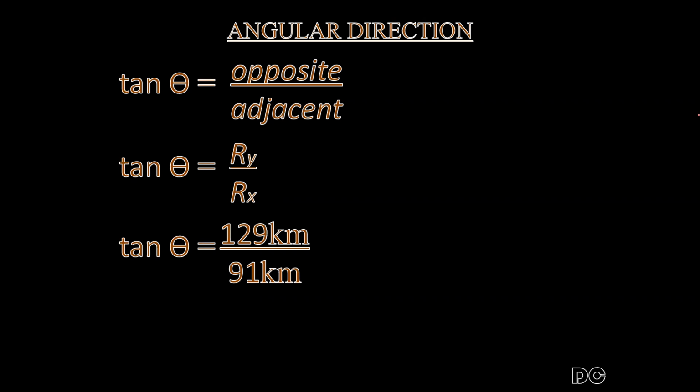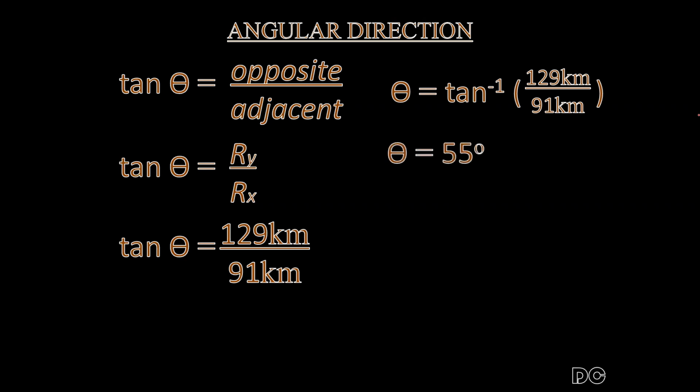We have 129 kilometers, which is the r sub y, and 91 kilometers, which is the r sub x. So theta is equal to arctan of 129 kilometers divided by 91 kilometers, and that is equal to 55 degrees.